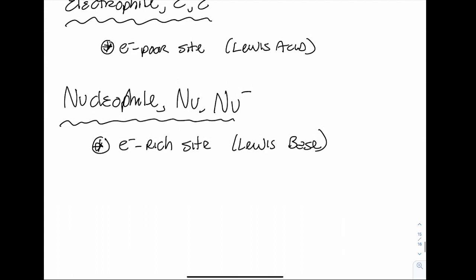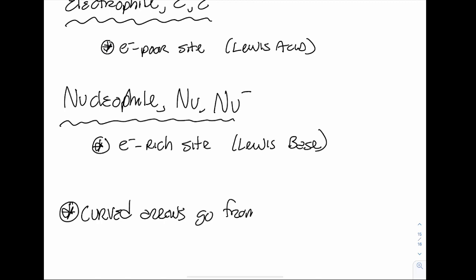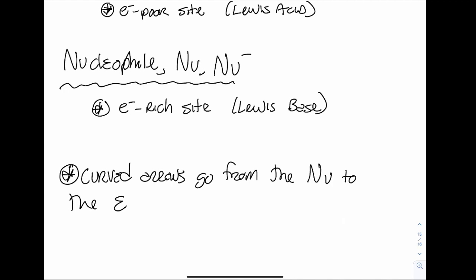So our curved arrows go from the nucleophile to the electrophile, right? From our electron source, our electron-rich site, to our electron receptor, our electron-poor site.